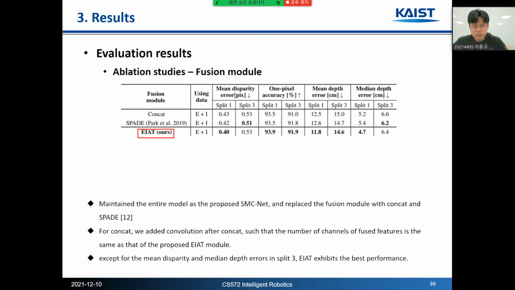For the ablation study on the fusion module, it was compared using concatenation or the SPADE module used in other studies. As a result, the proposed EIAT fusion module showed the best performance except for the mean disparity and median depth error of split 3.